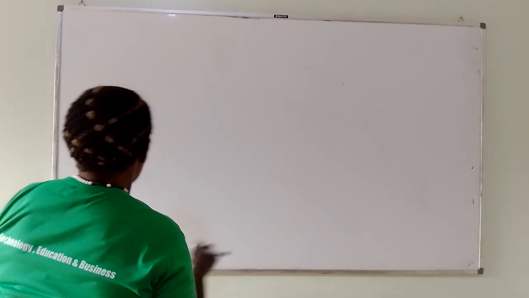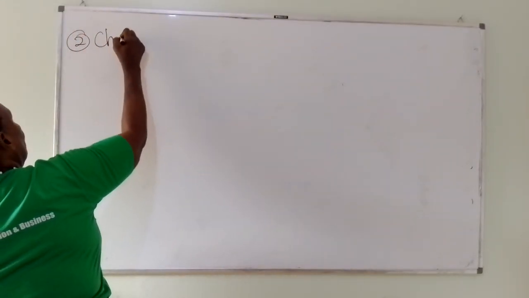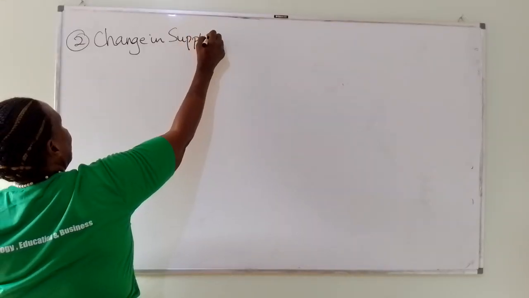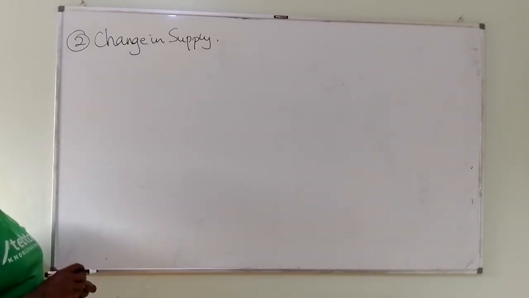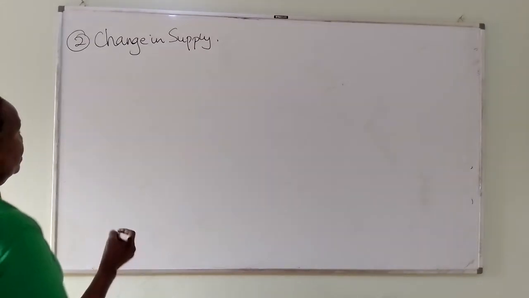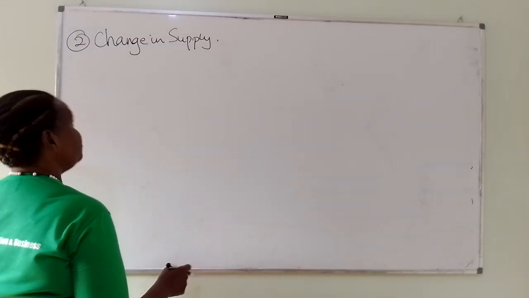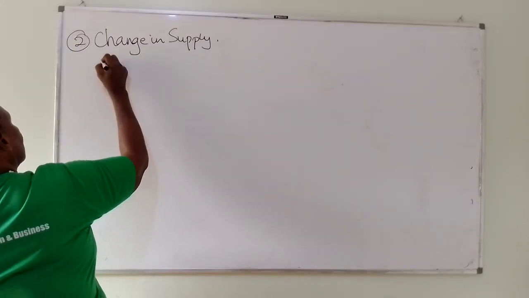Change in supply, which is number 2. The first one was change in quantity supply, yet this one is a change in supply. How would we define it? Because if you're given a question to distinguish one term from the other, usually we use their definitions.